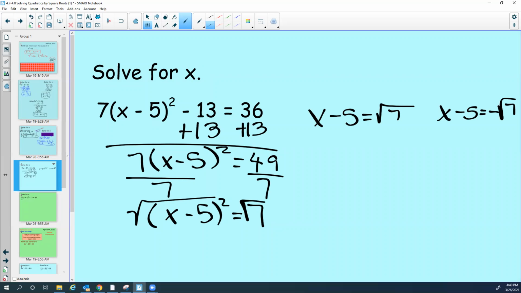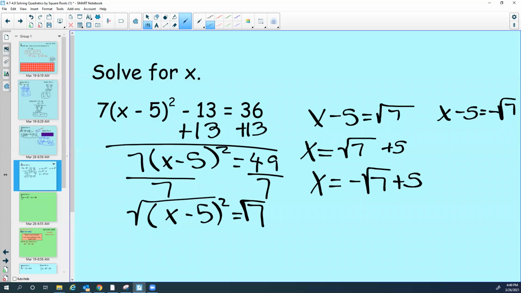And in both cases, all I'm going to do is add 5 to both sides to get x equals the square root of 7 plus 5, and x equals negative square root of 7 plus 5. This could also be written as x equals plus or minus the square root of 7 plus 5.